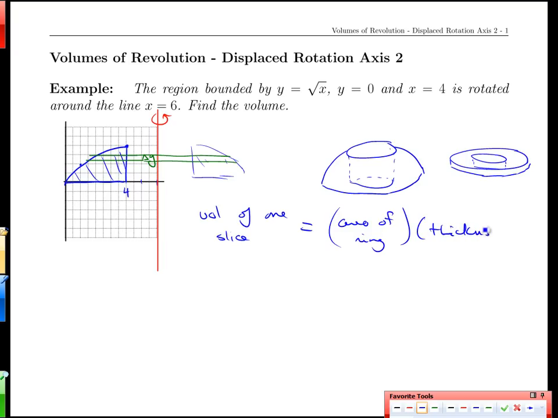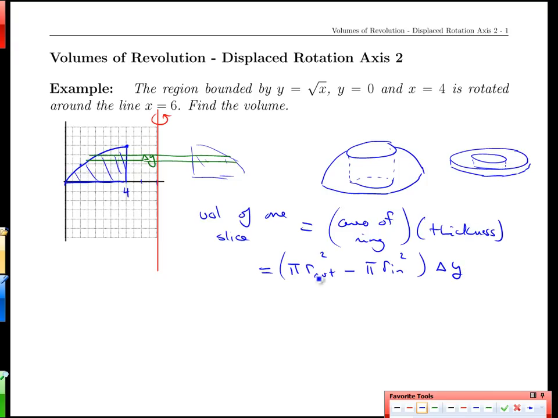And we've already seen a few examples of that. So the thickness is easy. It's a little thickness of delta y. The area of the ring is the area of an outer circle, so this whole region, minus the area of the inner circle. And those are just pi r squareds and pi r squareds and delta y for the thickness.